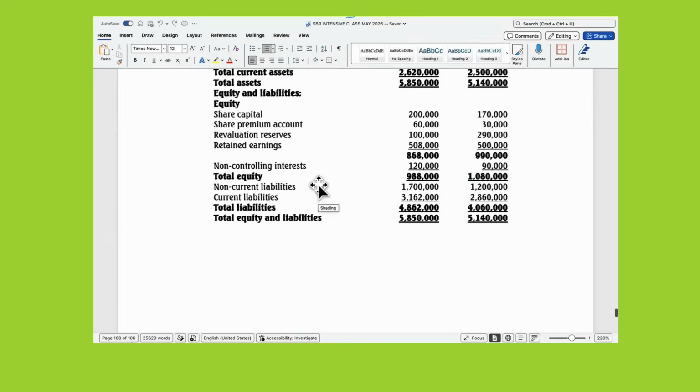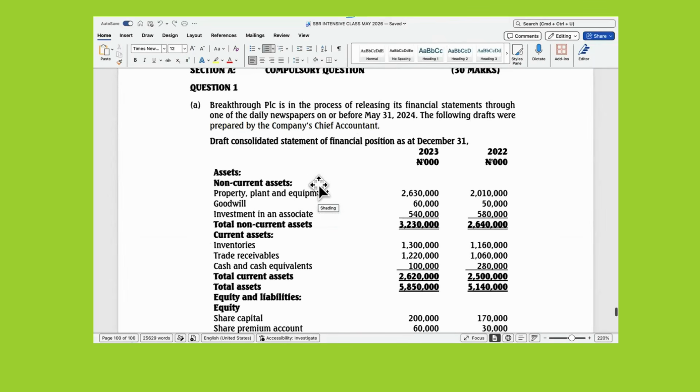So if I go to my position statement, because I have so many details here from the notes to the account, the first movement here is that of PPE, from this to this. Knowing fully well that movements in PPE usually arise from addition, disposal, depreciation, and maybe revaluation or impairment.